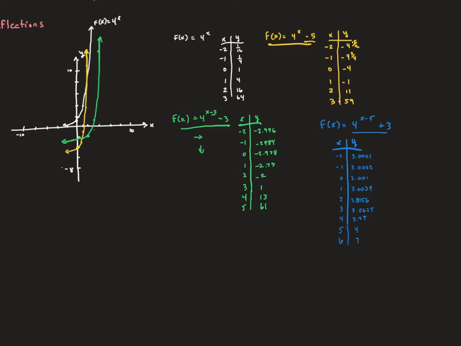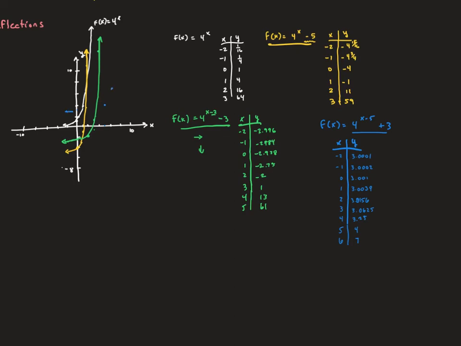So when x is negative 2, it'll be somewhere along that line. When x is 0, it'll be somewhere along that line. When x is, let's just go to 5, right? When x is 5, it's going to be 4. And then when x is 6, it's going to be 7.